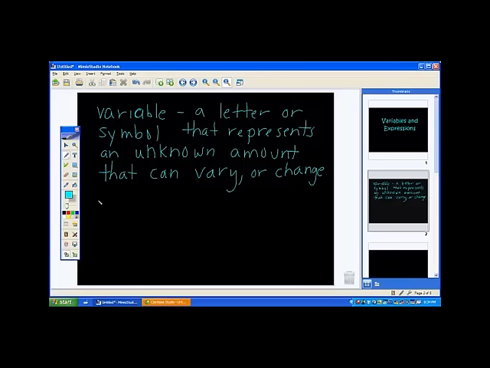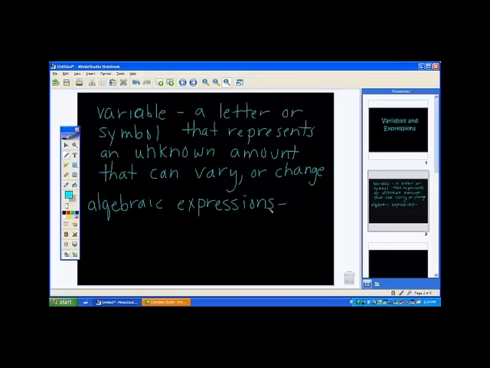An algebraic expression, which we're going to be looking at, we've been working just with mathematical expressions, just number expressions, and now we're going to be turning them into algebraic expressions. Algebra deals with unknowns.